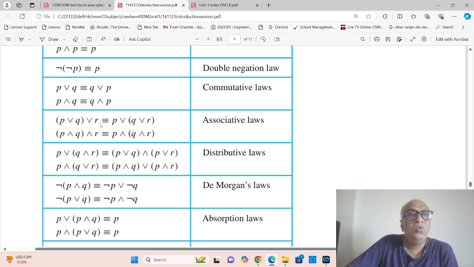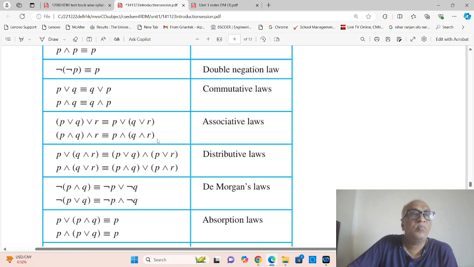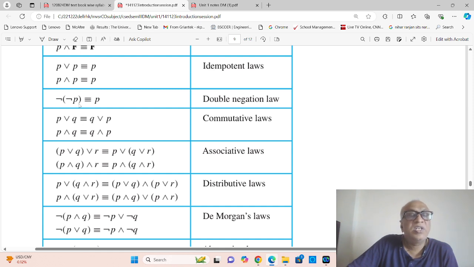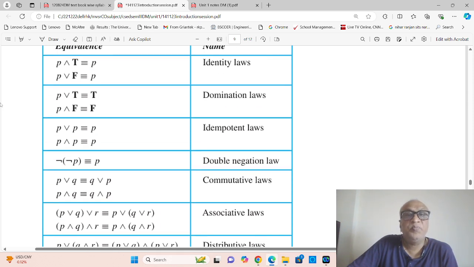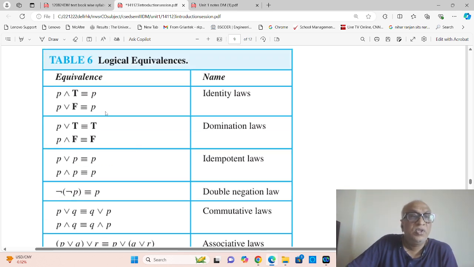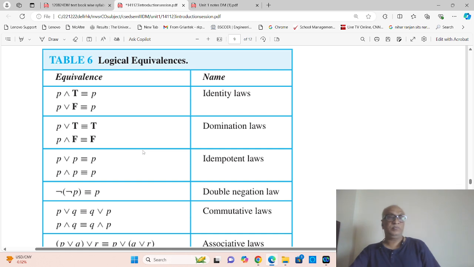Associative law: (P or Q) or R will be equal to P or (Q or R), and (P and Q) and R will be equal to P and (Q and R). Double negation law stands here: not of not P equals P. Idempotent law: P or P equals P, P and P equals P. You have the identity law: P and true will be equal to P, P or false will be equal to P. Domination law: P or true equals true, P and false equals false.